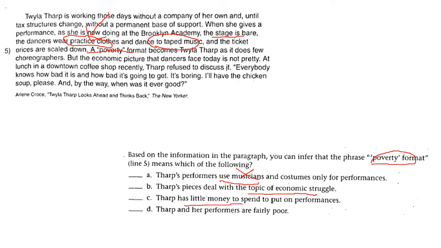Yes, they do not buy nice clothes. They do not have live music. They do not make fancy scenery, pictures for behind them. It is all very poor. To say her performances are poor would mean the quality of her dancing is poor. It's not the quality of her dance that is poor, it's the finances, the economics. She spends little money. So the correct answer is C.